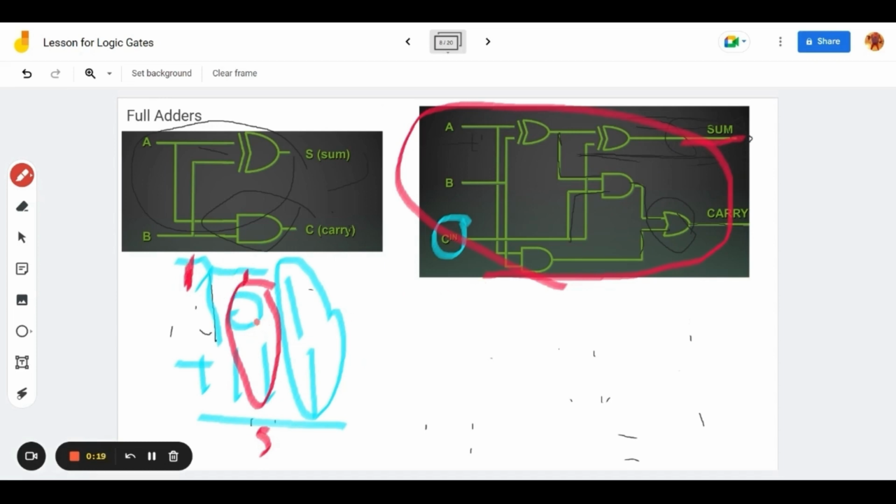And because we have two more columns after the first one, we need one more full adder so we could actually do the carry.